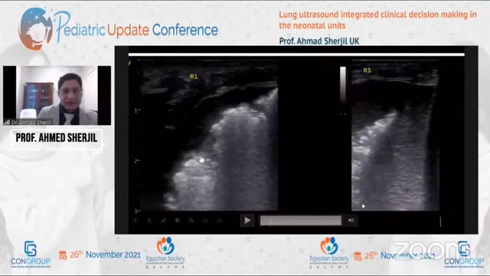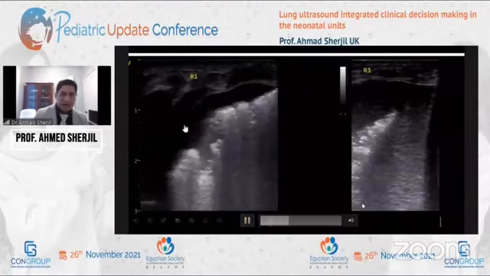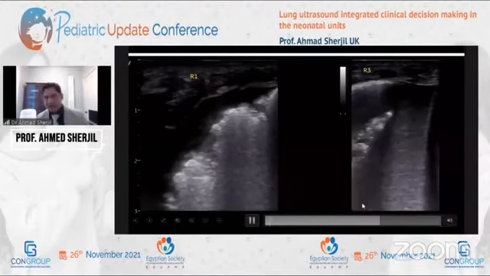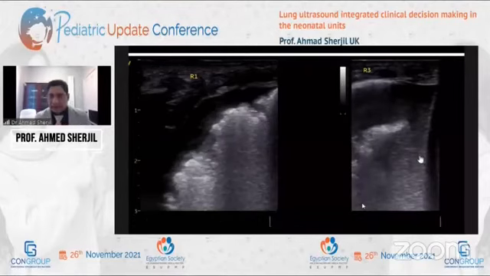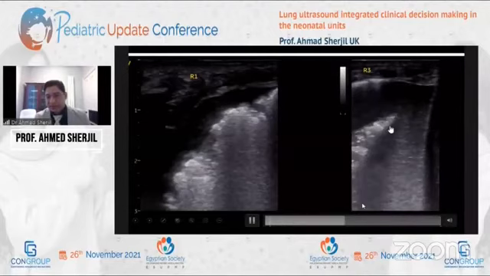So this is pulmonary hemorrhage, but in addition to that, if you look into the pleural space here, you're seeing a collapsed bit of lung with lots of hemorrhage inside it.